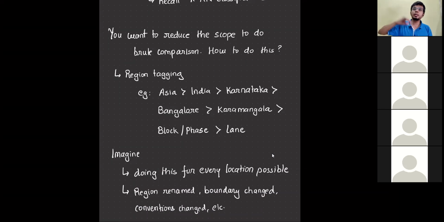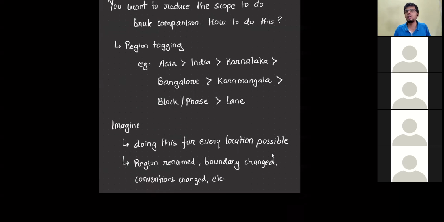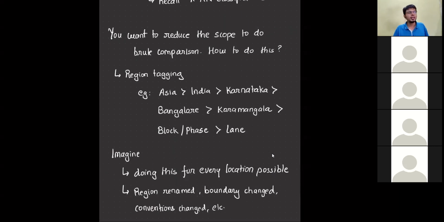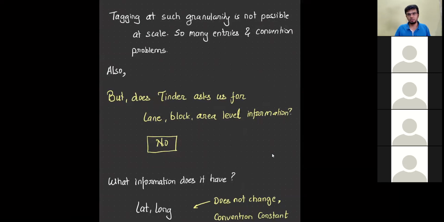So instead of doing it at world level, let's do it at continent level, or country, or state or city, or within one small sub-region, and then maybe block-wise or lane-wise. But tagging people like this is an immensely difficult problem. Heuristics to some extent might work, but definitely not a scalable solution, and not something that would give a good user experience on a busy Friday night. So this is not a good choice here.